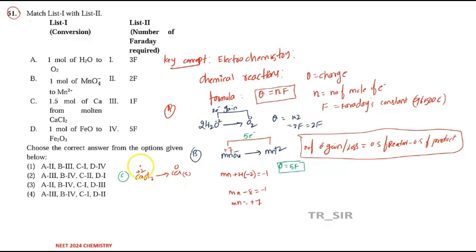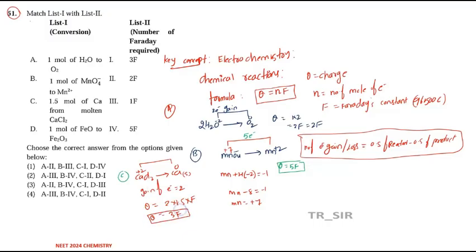So here plus 2 to 0, that means 2 minus 0, 2 only. So the number of electrons gained here is 2. They are given 1.5 mole, so write 2 into 1.5 into Faradays. So the charge will be 3 Faradays, that is the answer.